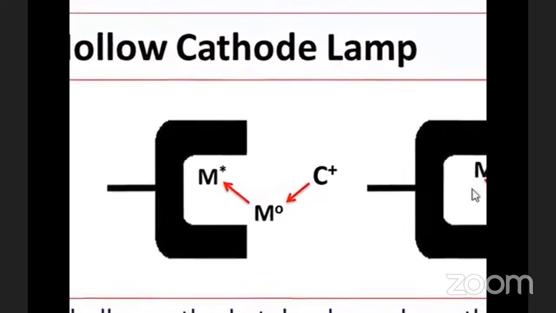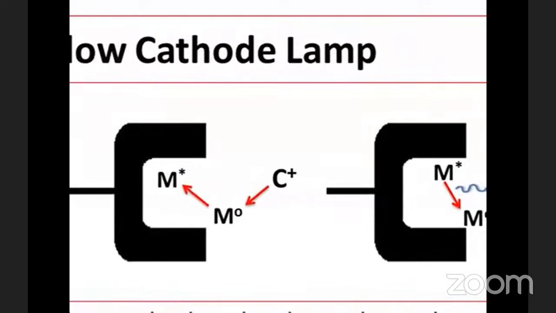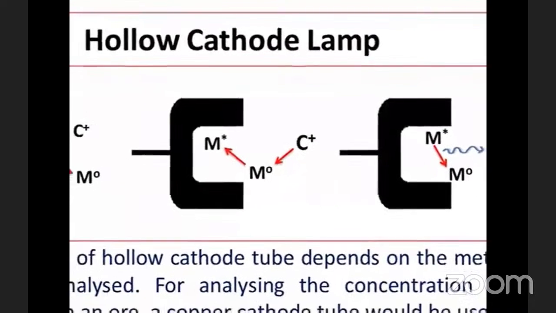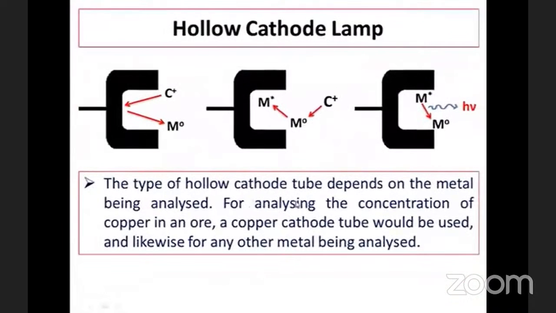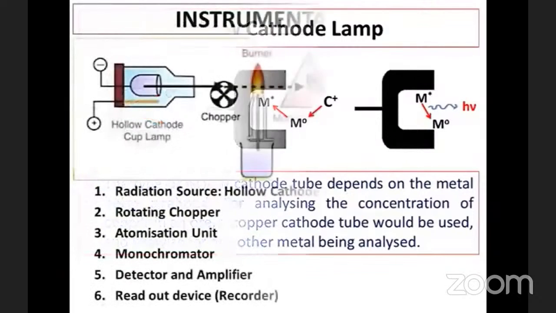And these excited metal atoms emit their characteristic radiation and return back to the ground state. As we previously discussed, the type of hollow cathode tube depends on the metals being analyzed. For example, for analyzing the concentration of copper ions in an ore sample, a copper cathode tube would be used. And likewise, different hollow cathode lamps are required for different metals.